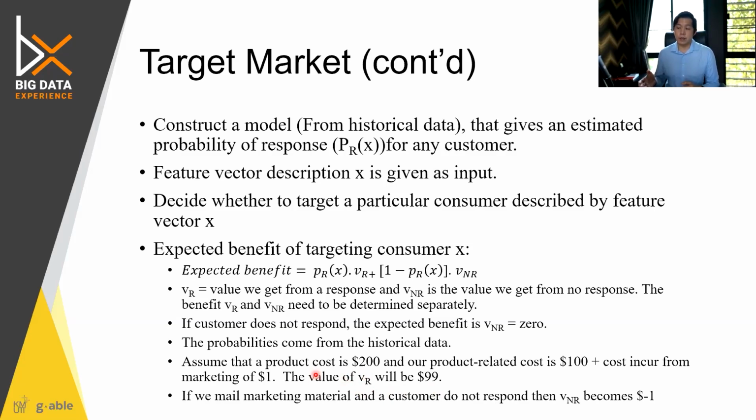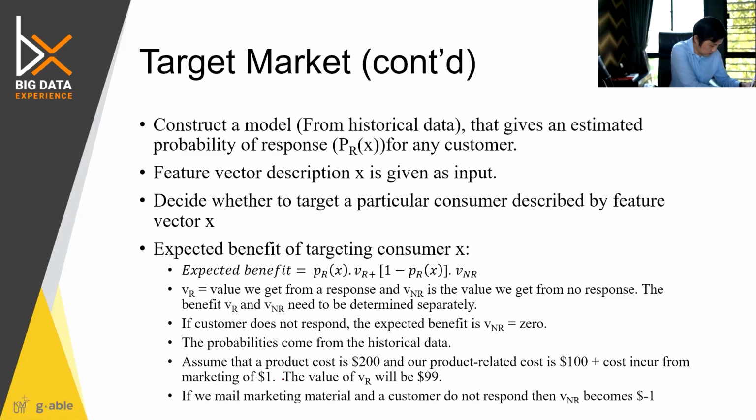If we mail the material and the customer does not purchase, we get -1. So buying gets 99, not buying gets -1. Then we multiply this with the probability. So suppose PR is 0.1.